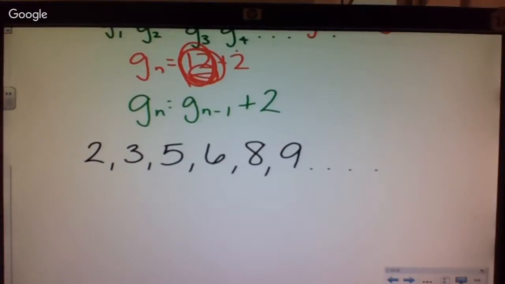Add 1, then add 2, then add 1, then add 2. Okay. Another way to look at this, let's see if this makes sense to you. A sub n equals A sub n minus 2 plus 3.